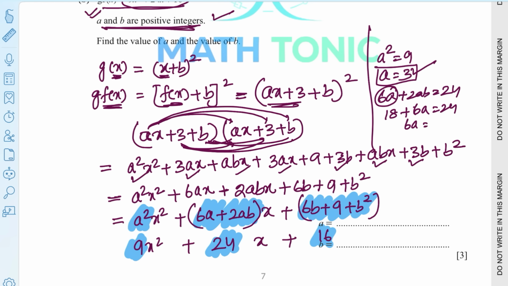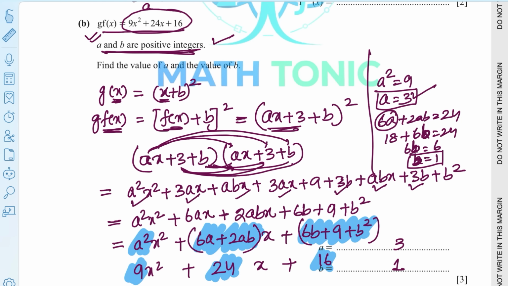So 6b, rearrange it, 24 minus 18 equals 6, and divide 6 on both sides, we can say b equals 1. Are you getting it? So here a equals 3, and b equals 1. Is it okay? This is a tricky question, this one.